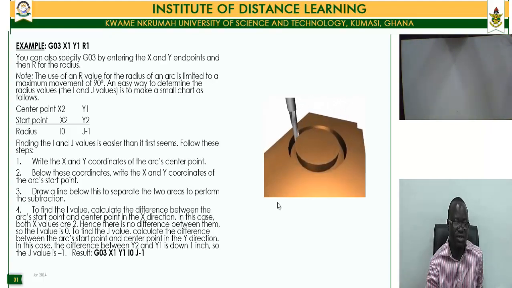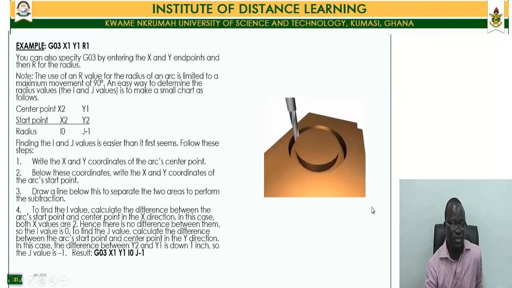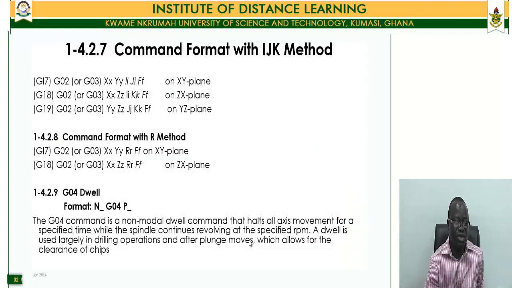So let's look at the G02 or G03 command format. If we are operating in the XY plane, then the G02 or the G03 command will have XY values, and then we will have IJ as the radius and the feed rate in the XY plane.